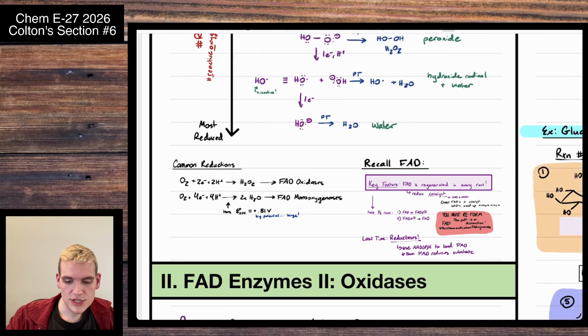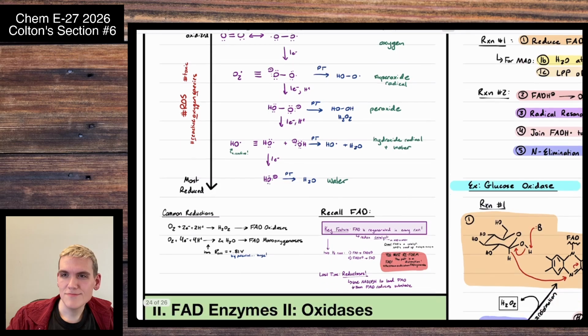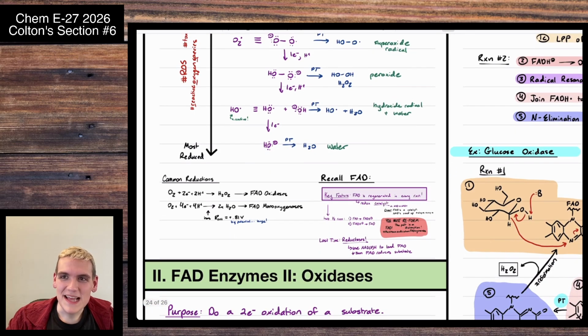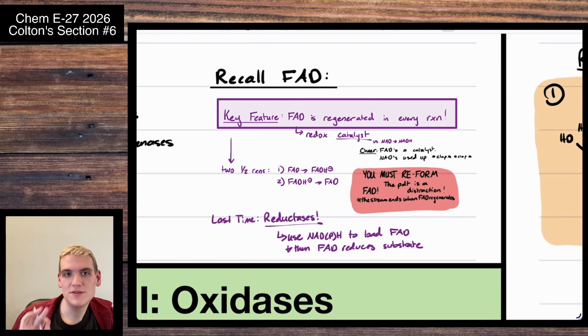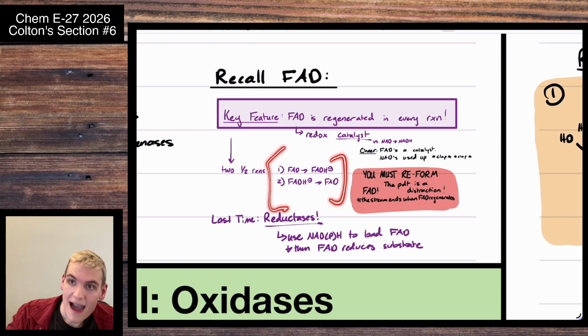The other thing I wanted to bring up is, remember FAD? It's been a minute. So the biggest feature I wanted to remind you about is that FAD is a redox catalyst. So it is going to be regenerated in every reaction. So all of the FAD mechanisms can be split up into two half reactions.